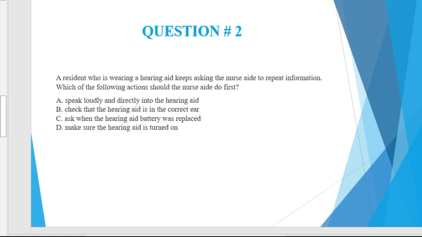Let's go back to that question. This is somebody who has a hearing aid, and she's wearing the hearing aid. If this person is not hearing you, the first thing you need to do is ask yourself a question. Miss Jones has a hearing aid on, but she's still not hearing you.